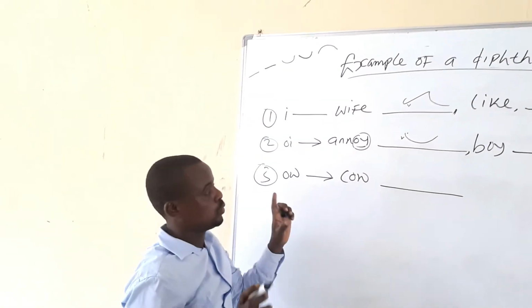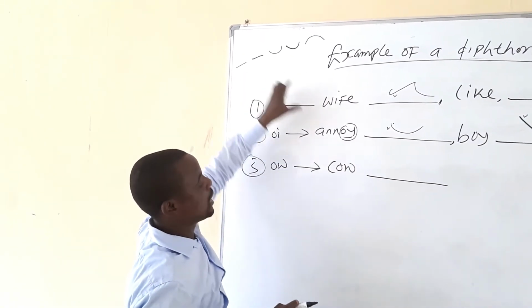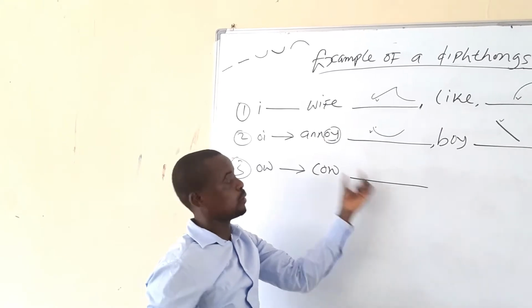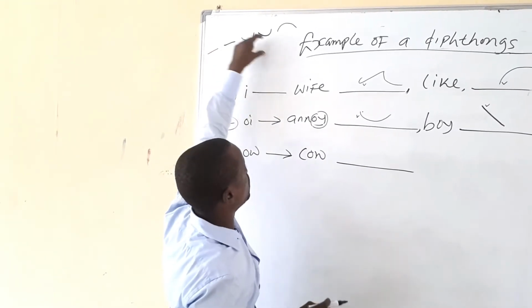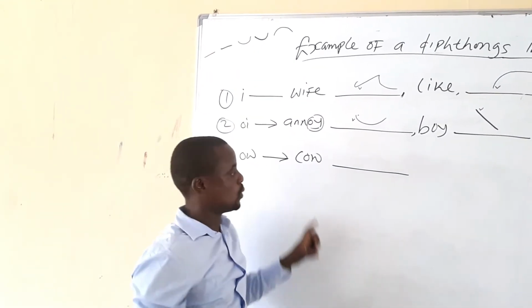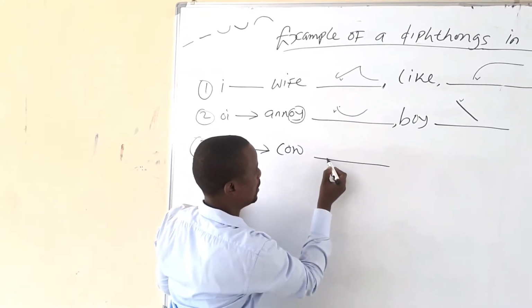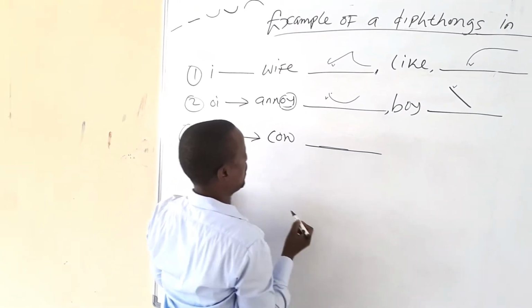So the principle says that you have to write the outline on the line, because this can't be written through the line. This is the principle. So now K must be on the line, K, car.